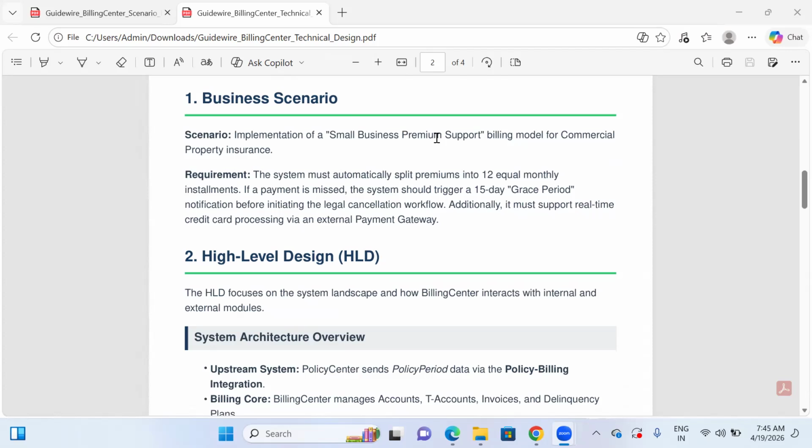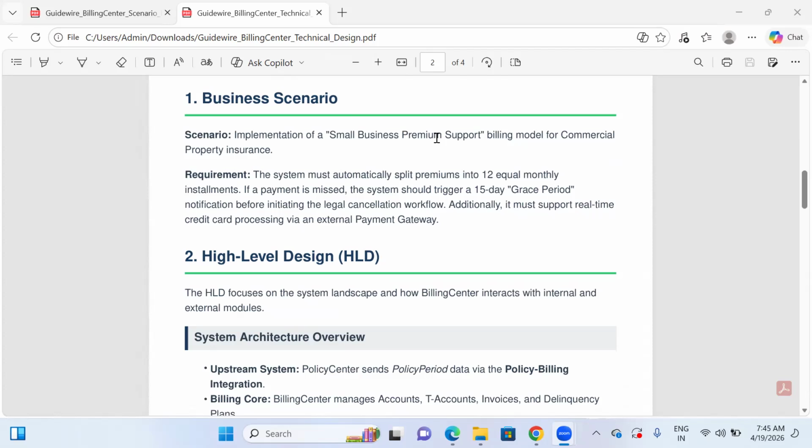In this requirement, the customer is paying monthly. If any payment fails, we have to provide a 15-day grace period before going for cancellation. At the same time, it should also support real-time credit card processing through external payment gateway systems, right? So this is it.